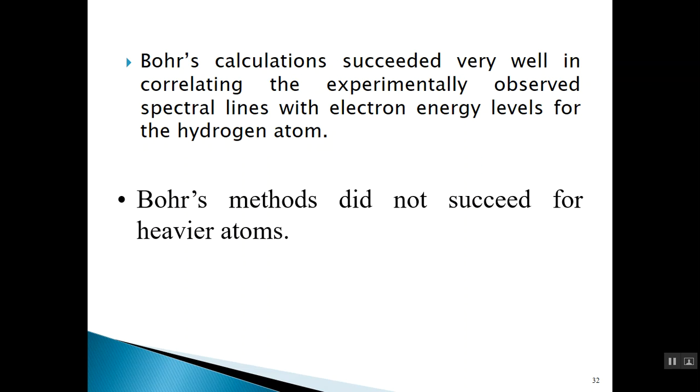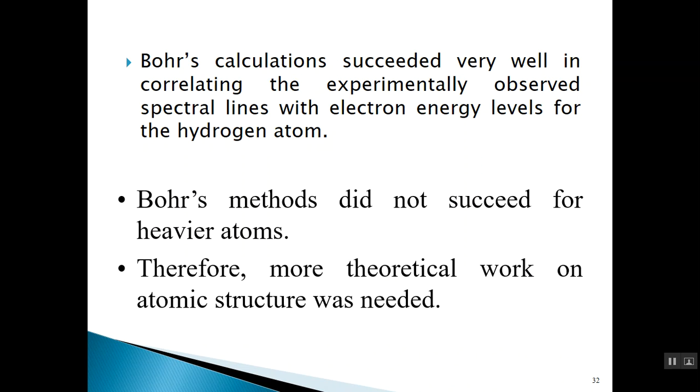Electrons repel each other, and that kind of distorts the energy levels as predicted by the Bohr model. So therefore, more work needed to be done in order to refine the theory put forward by Bohr so that we can explain the atomic structure or the line spectra for other atoms, which can lead to a greater understanding of the atomic structure.